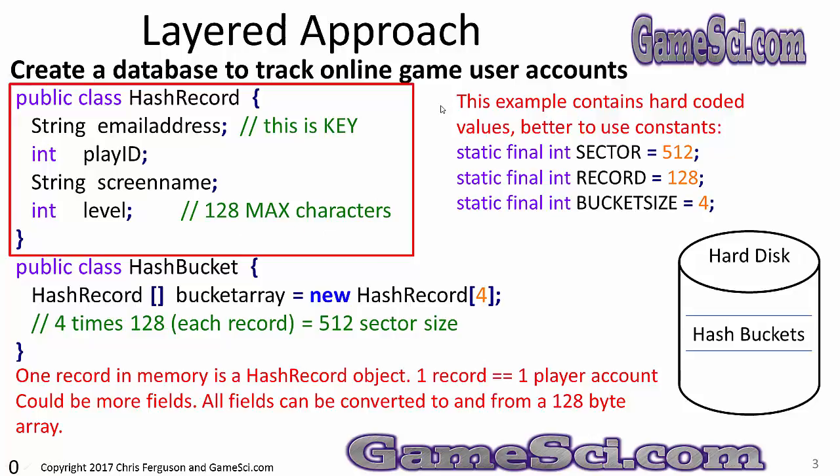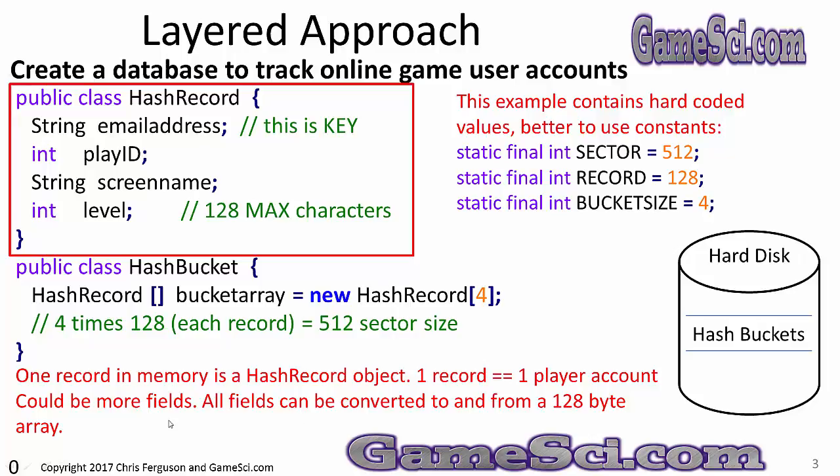I'll warn you right now, this example contains hard-coded values. It is better to use constants. If I had the room in my programming examples to declare a static final int sector size of 512, a static final int record size of 128, and a static final int bucket size of 4, I would use it. That is the better way to code.